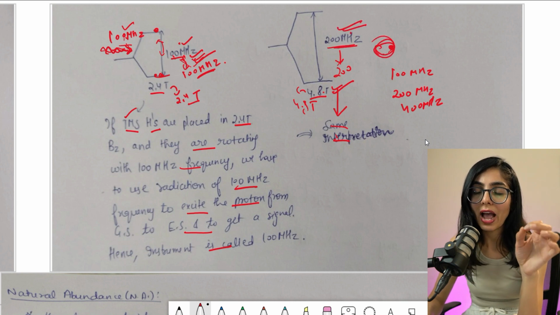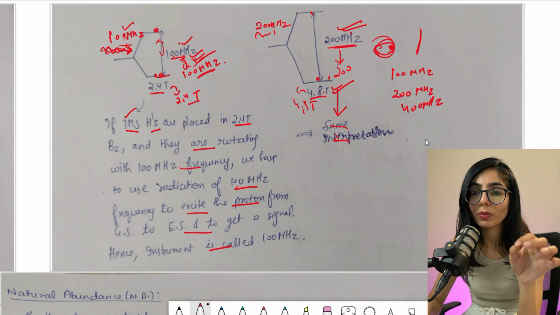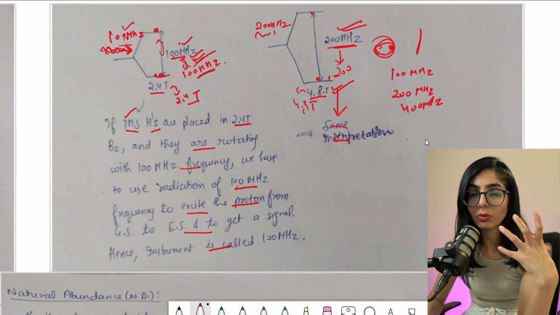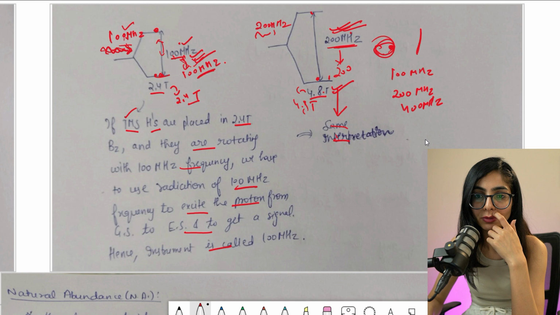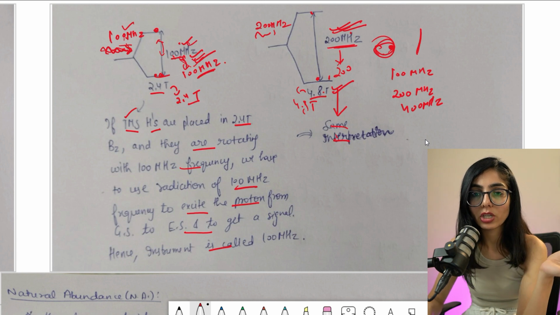Fine. So we have to use radiation of 200 megahertz only to get the proton excited from ground state to excited state, to get a signal. So that instrument will be called, now what will it be called, you tell me. Here it was called 100 megahertz and here it will be called 200 megahertz.